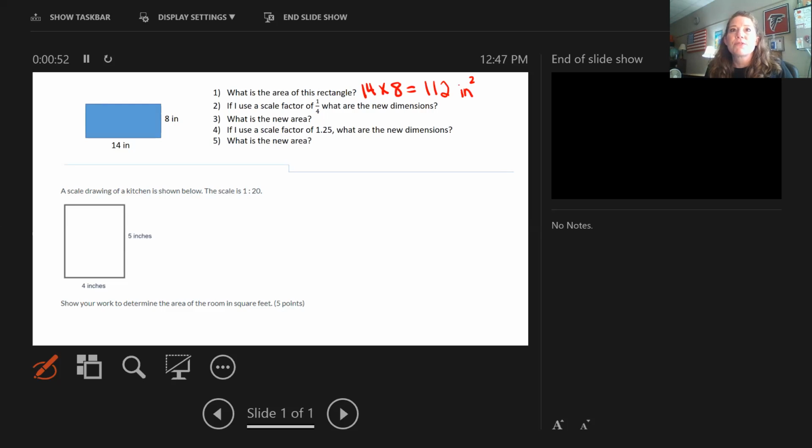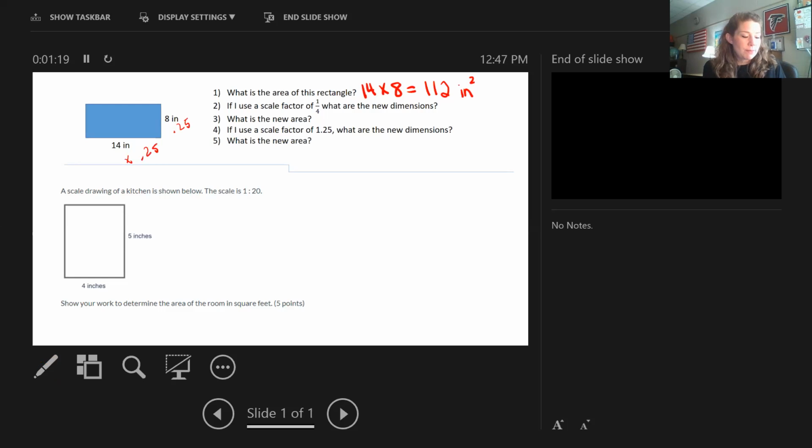So now number two says, if I use a scale factor of 1/4, what are my new dimensions? So first of all, if I use a scale factor of less than 1, is my picture going to get bigger or smaller? So it's going to get smaller. So I'm going to go ahead and convert 1/4 to 0.25, and I'm going to multiply 8 by 0.25 and 14 times 0.25.